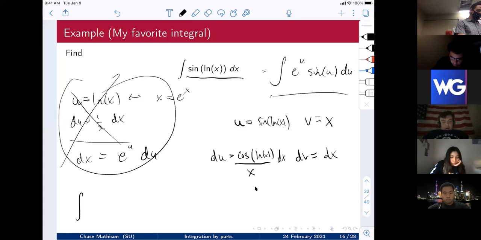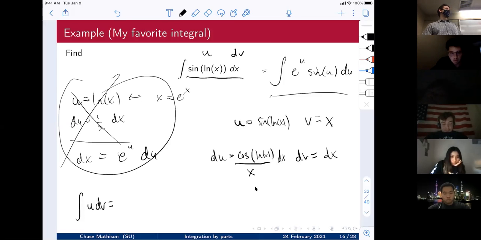The integral of u dv is equal to, what's the first part of integration by parts? April. u times v, and then minus the integral of what? v du, you swap them. No, you're fine.